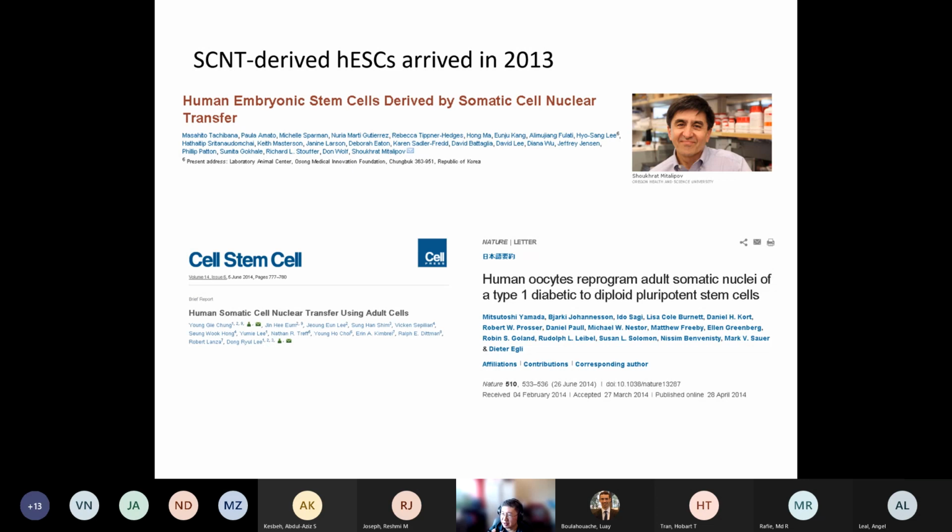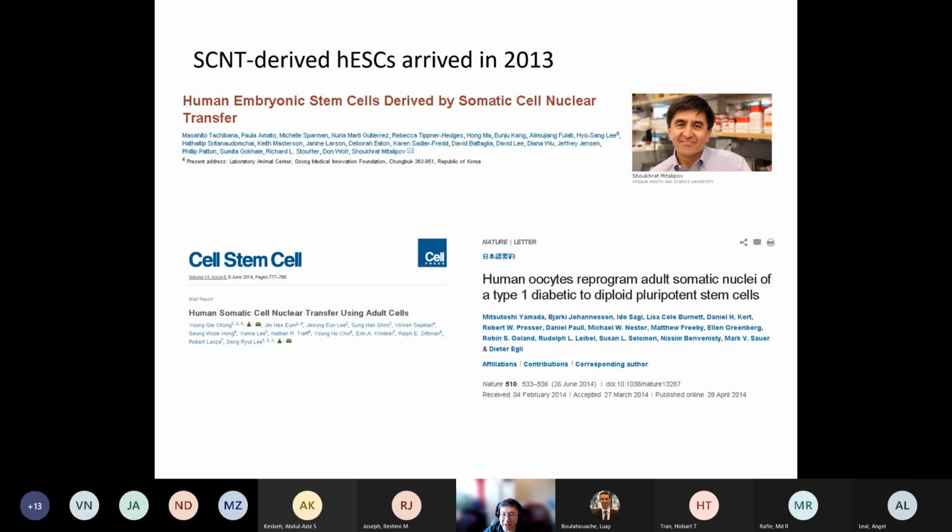I want you to keep this question in mind. Why would you still want to derive human embryonic stem cells this way if you can do it in a natural way? Like in 2007, it's already established. You can use in vitro fertilization to establish human embryonic stem cells already. And now, 6 years later, why are you still trying to use somatic cell nuclear transfer to do the same thing?